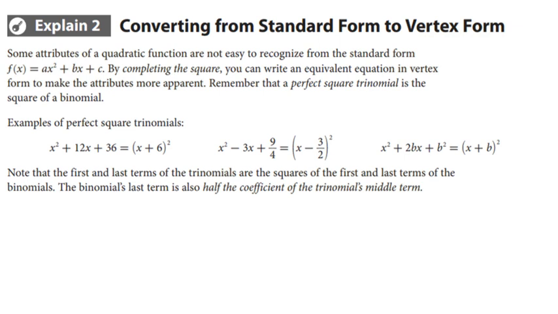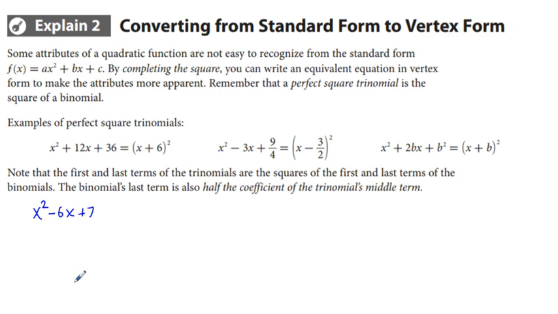Converting from standard form to vertex form. And we have a discussion here about completing the square, perfect square trinomials. And I'm going to try to give an example of this. If we have, say, a quadratic expression, x squared minus 6x plus 7, how can we convert this expression into a perfect square trinomial?